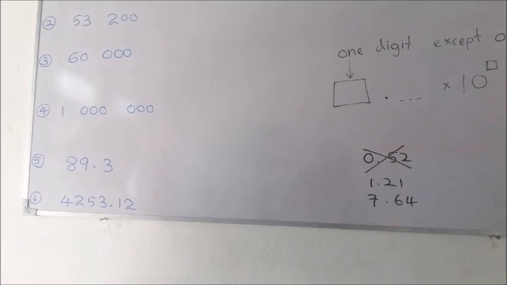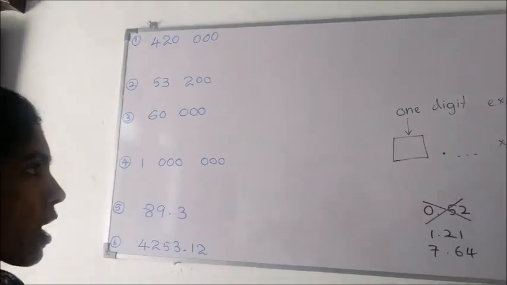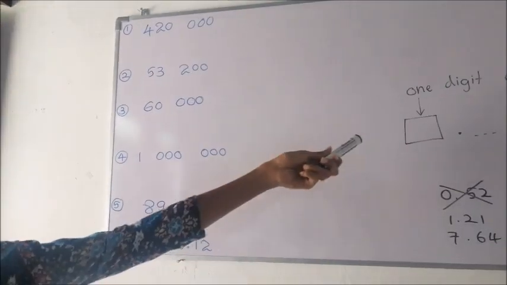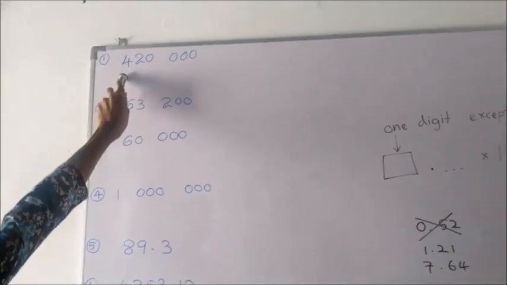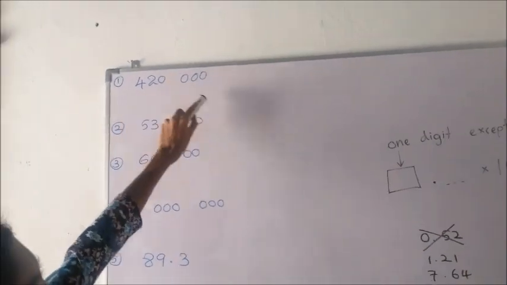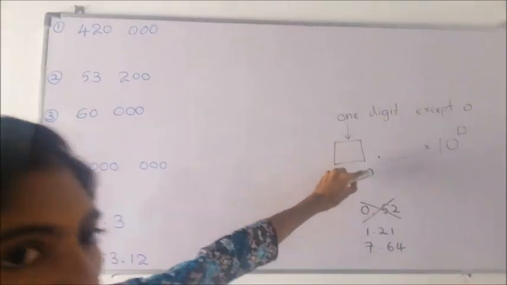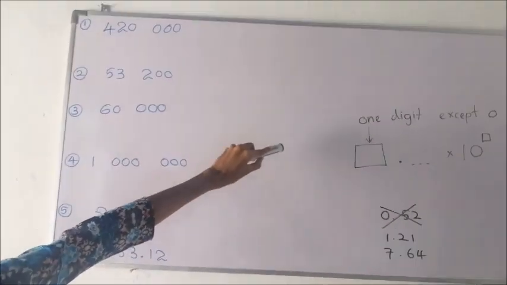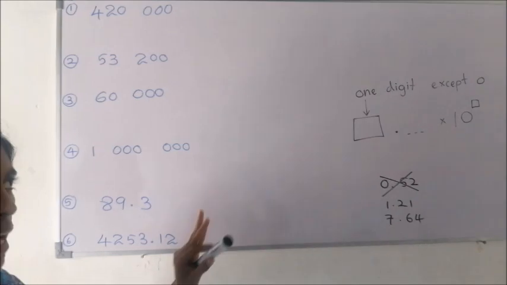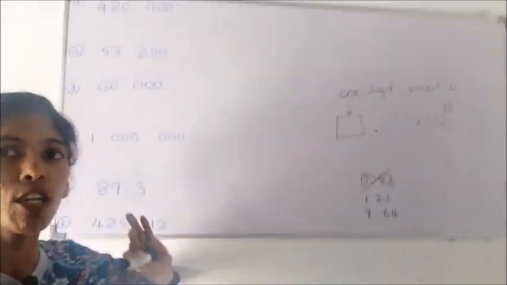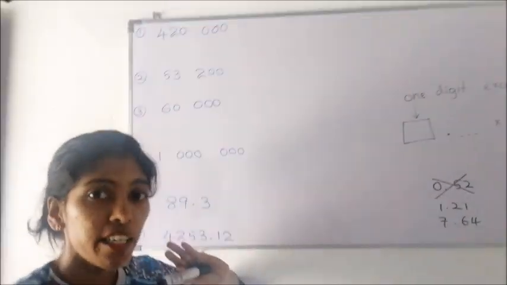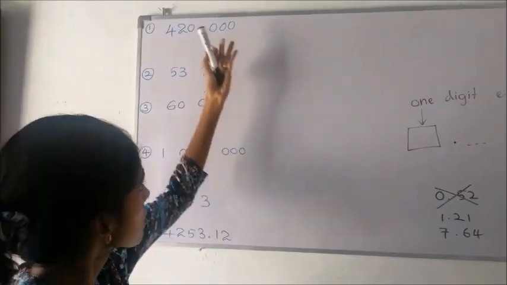We will go to the examples. Here I have written a few big numbers. We are going to write these numbers in this format. Firstly, in this number there is no decimal point, but we want the decimal point in scientific notation. You should remember that in each and every whole number there is a hidden decimal point. We cannot see it, no?